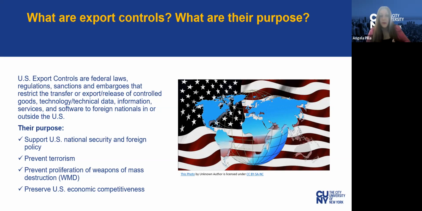Their purpose is to support national security and foreign policy interests. By restricting the access to the information and the items, you prevent, at least I hope so, terrorism and proliferation of weapons of mass destruction. And we'll get into that a little bit later. It also helps us keep our competitiveness economically and academically.